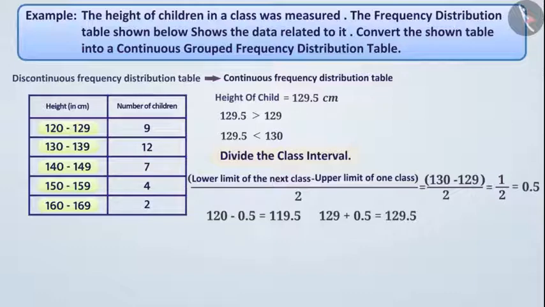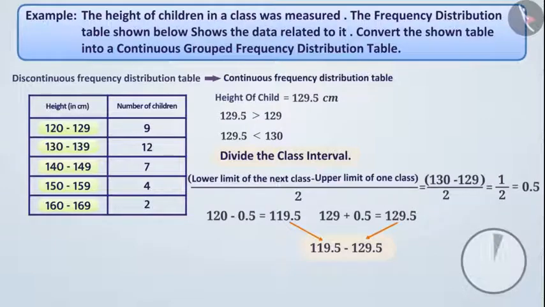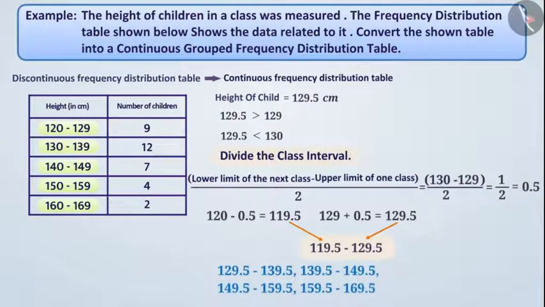In this way, we will create a new class interval 119.5 to 129.5. Now, you pause the video and similarly, in this way, find all the class intervals. You will get the class intervals as follows.